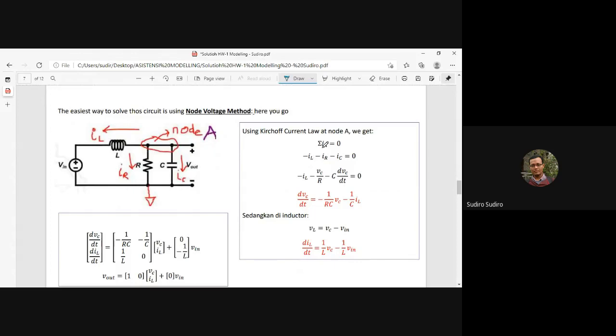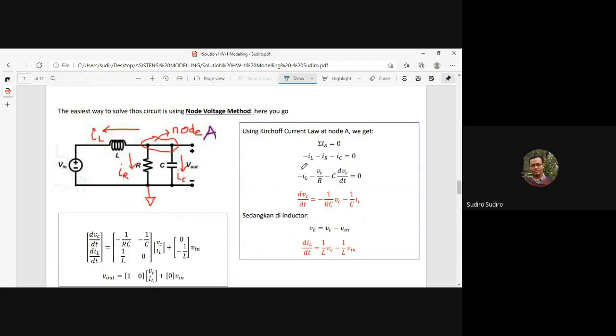I think the easiest way to solve this circuit is using the node voltage method, which is we assume that this is the super node, or just we can say the node A, and this is the ground, and we can apply Kirchhoff's current law at node A. We get the sum of currents at node A is equal to 0, assuming the currents of the three branches are outward from node A. Then we can write minus IL, the current of the inductor, minus the current of the resistor, minus the current through the capacitor, is equal to 0.